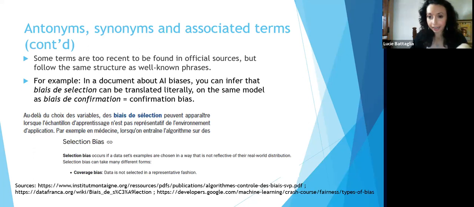If you can't find anything using antonyms, synonyms, or associated terms, you can then move on to the R of search, which, just to put you in context, in French, the tip is called Recherche Google Page en Français. It's a shortcut workaround where you use Google's filtering option to see only pages in French. I tried to rework it for English, and I managed to come up with something.